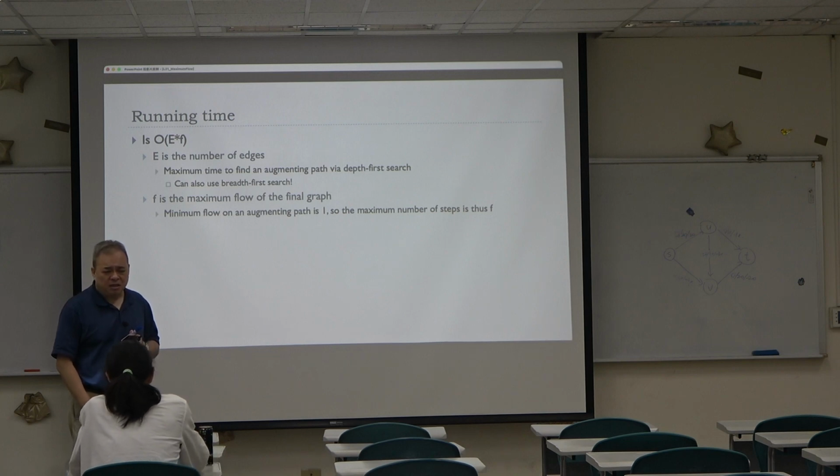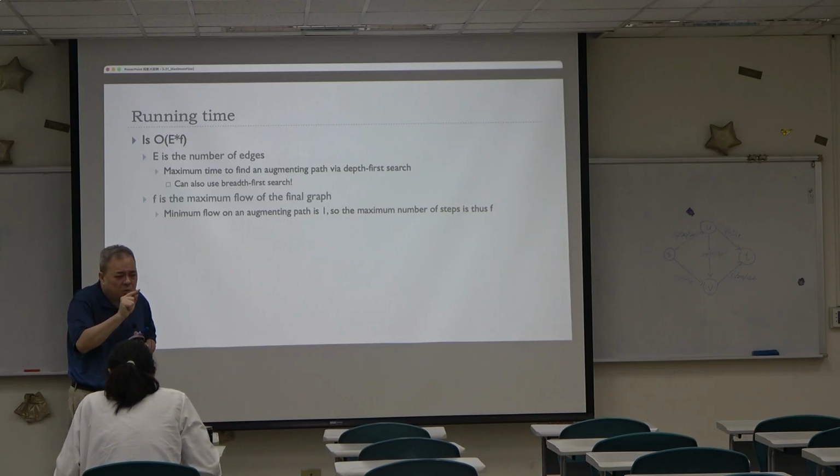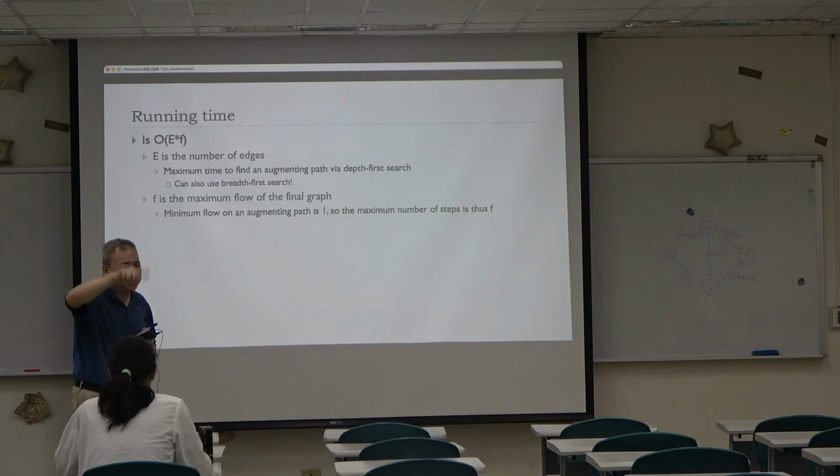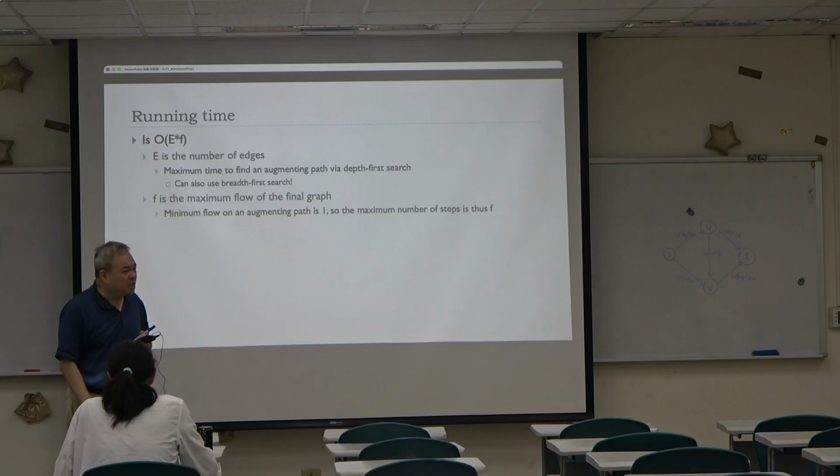Does that mean that every time you just find a row with unit 1? Is there a possibility of that? The answer is yes. Actually, if you use depth first search, your algorithm may end up so stupid that every time you only increase the capacity by 1.